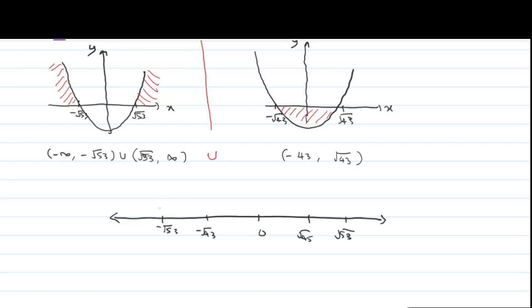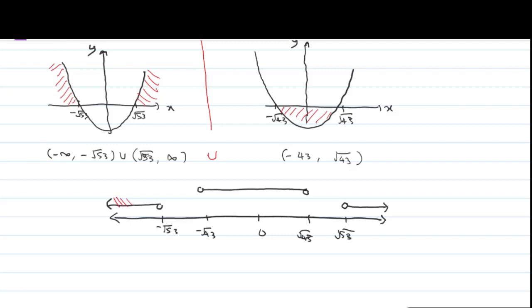Okay, for the first solution, we have from negative infinity to negative square root of 53, so on the left side of negative square root of 53. For the second one, on the right side of square root of 53. For the second solution, we have from negative square root of 43 to square root of 43. Remember here, we want to find the union.